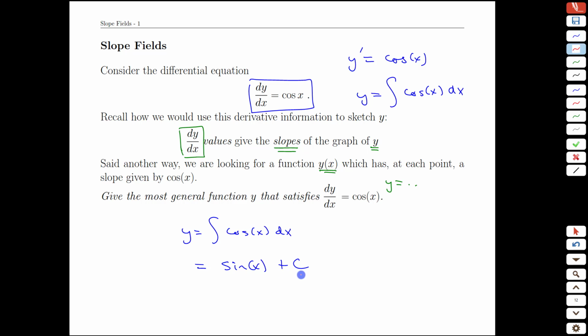Notice the plus c, because we are just integrating the cosine function, and we can check that by taking the derivative. The derivative of sine of x plus c is just cos of x. Check. So we have a general solution in the sense that we can shift this up and down by a vertical shift c.